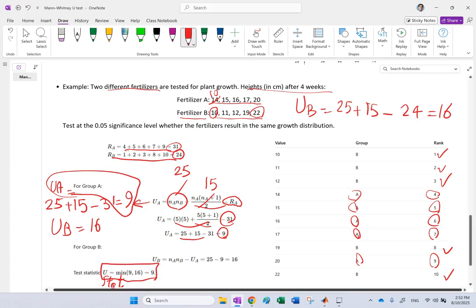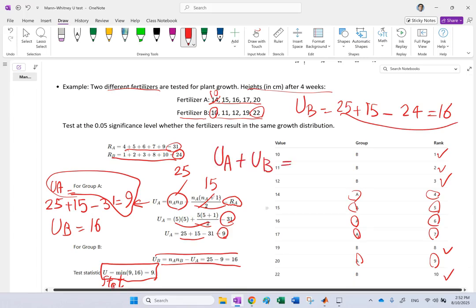Now you might say, what is this formula? This doesn't look like the same thing you did up there. Yes. You can show that if you have one of the numbers, UA or UB, instead of going through this formula, UA plus UB is always equal to NA times NB, the number of data in both of them.